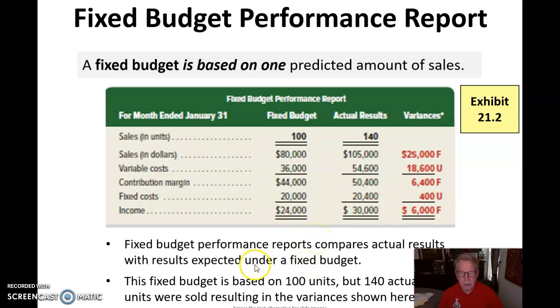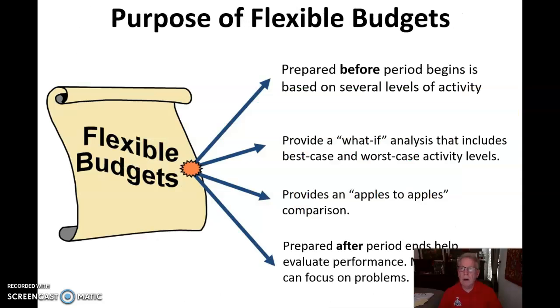But the fixed budget performance report is going to compare actual results with the results expected under this fixed budget. Not necessarily very valuable data in some cases. So let's look at why. Here, the purpose of these flexible budgets is that they're prepared before the period begins.